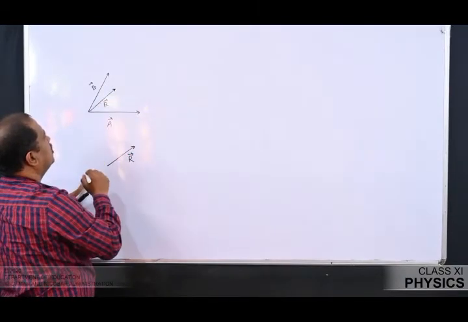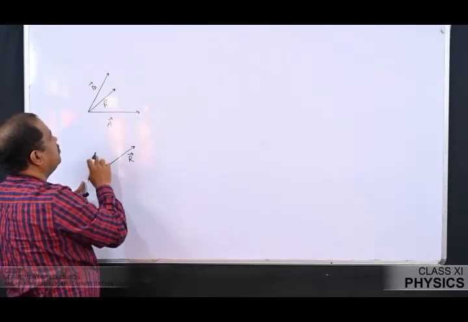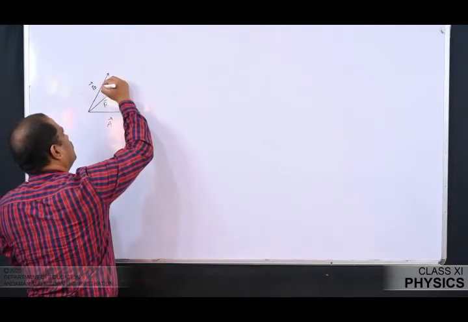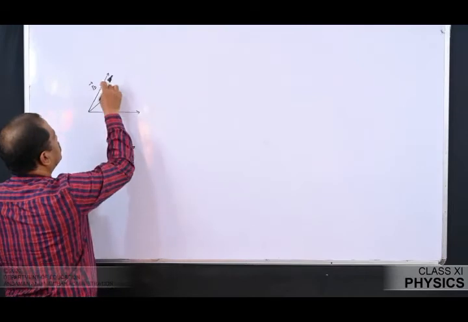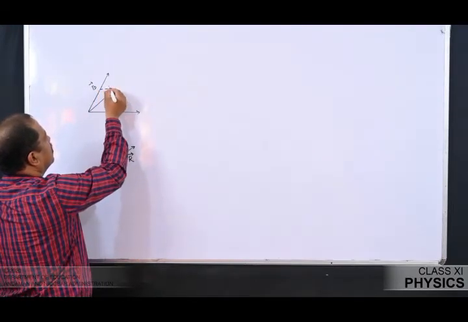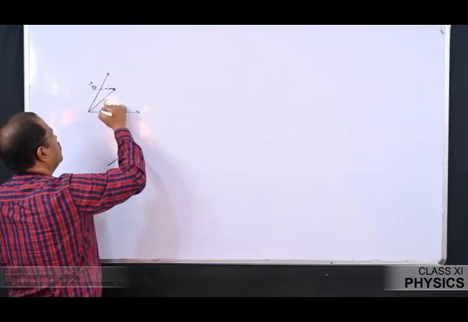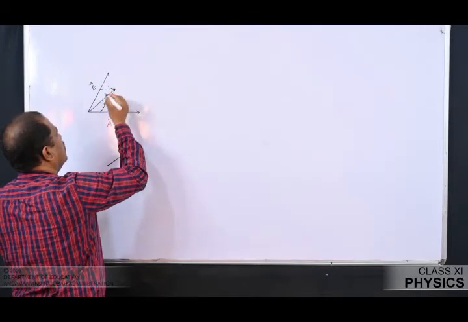Now what I say is that this R can be represented in terms of A and B. How? I'm going to draw a line parallel to this one, and to this vector B, I'm going to draw a parallel line like this.